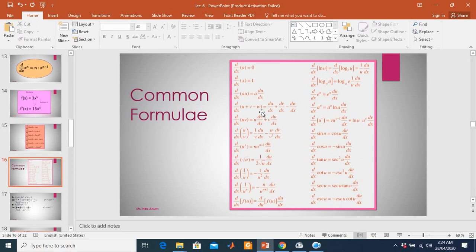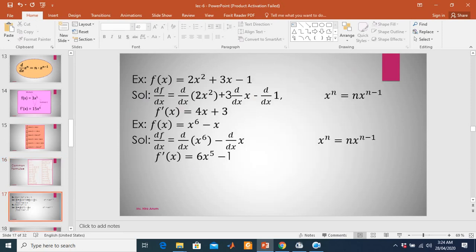You can see u plus v minus functions, then we simply differentiate like this. In u v form, f of x equals 2x square plus 3x minus 1.